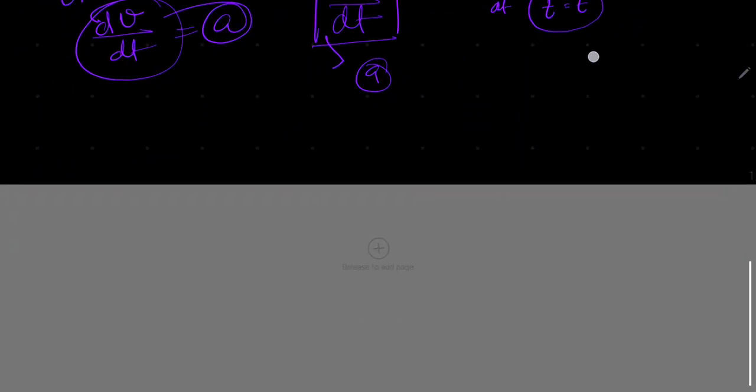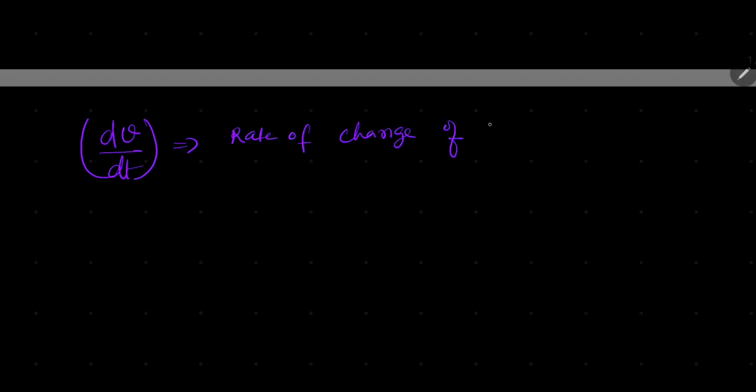I'm going to write in one line that dv by dt can be read as the rate of change of speed with respect to time.